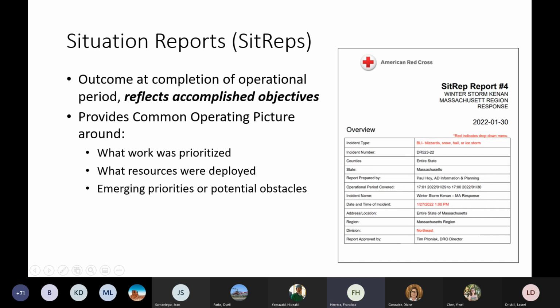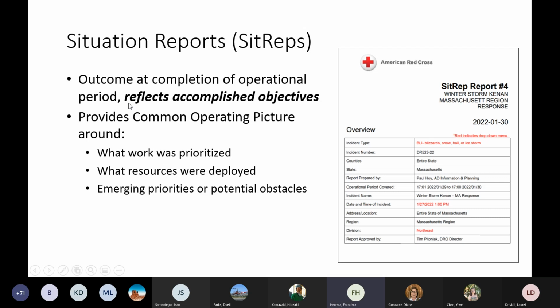All right, so that's the Cliff Notes version of the incident action plan. Just going to briefly talk about the second document that you receive every day on a disaster relief operation, and that's called the situation report, commonly referred to as a SitRep for short. The SitRep is the outcome at the very end of an operational period, at the very end of the day.